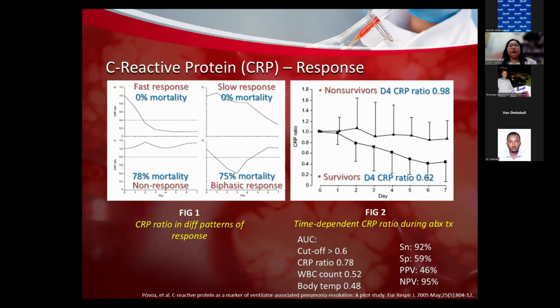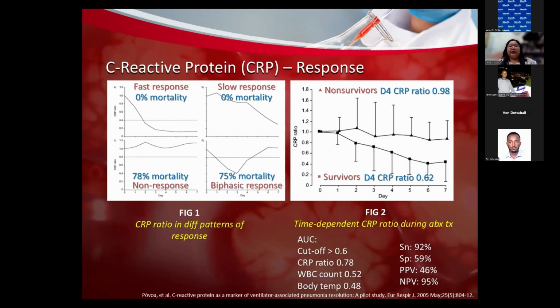Now, figure 2 showed steady and significant decreases as well of CRP ratio in survivors, whereas in non-survivors, these parameters remained almost unchanged. And at day 4, the CRP ratio of survivors was 0.62 relative to the initial value. So at day 4, the CRP ratios in survivors compared to non-survivors was lower than the baseline, and non-survivors remained almost unchanged.